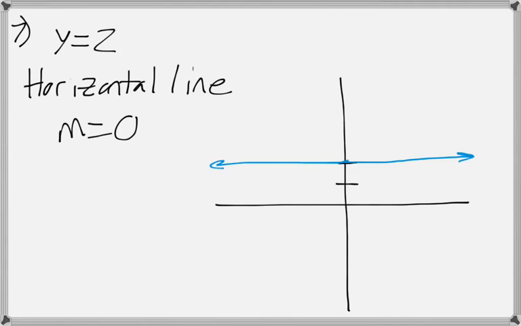And the reason why this is, let's take a couple points here. So 7 points out here, this would be the point -7, 2.